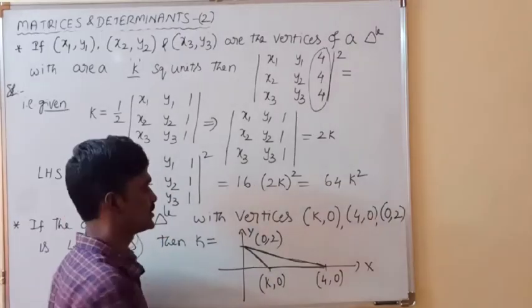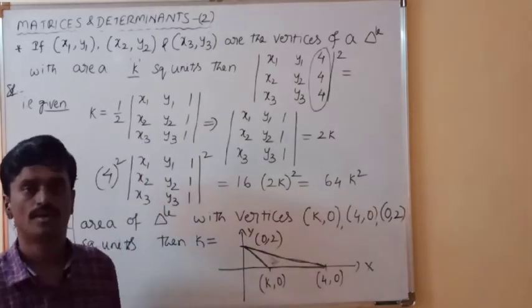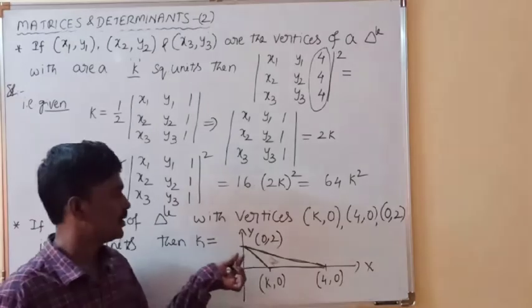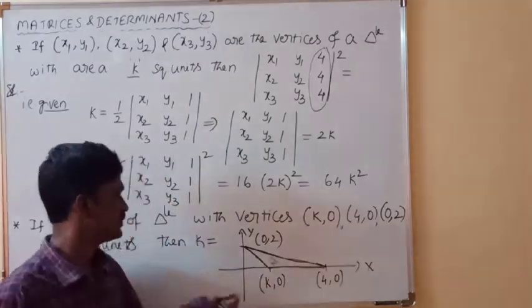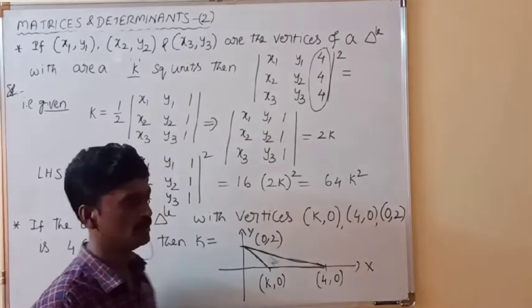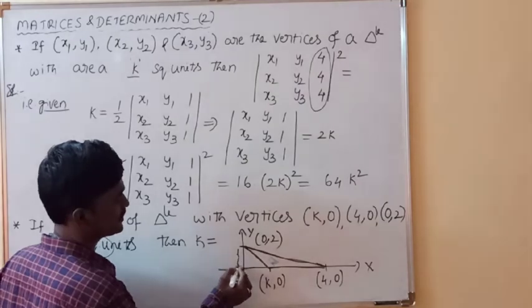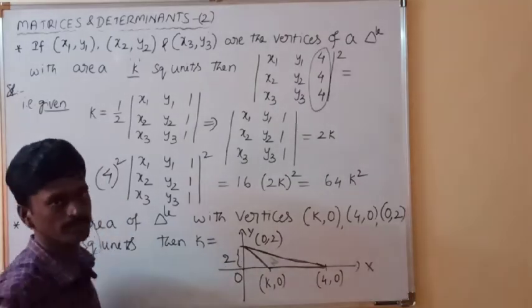Already given, the area of this triangle is 4 square units. Then you have to find the k value. As this point is (0, 2), this length is 2 units only.